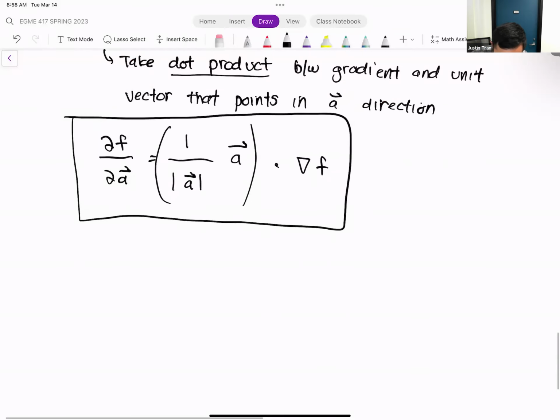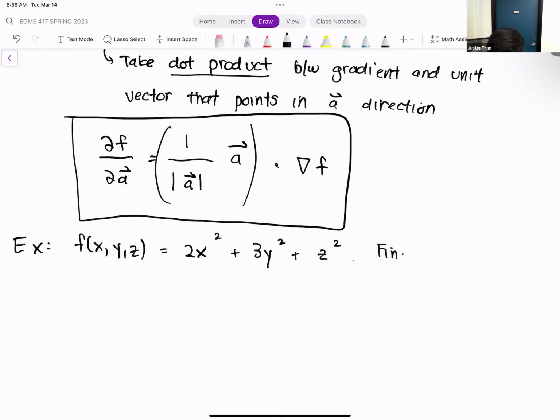All right, so let's do a quick example just to see how this is computed. Okay. And so if we have a multivariable function, so let's say we have a field of x, y, and z given by 2x squared plus 3y squared plus z squared.